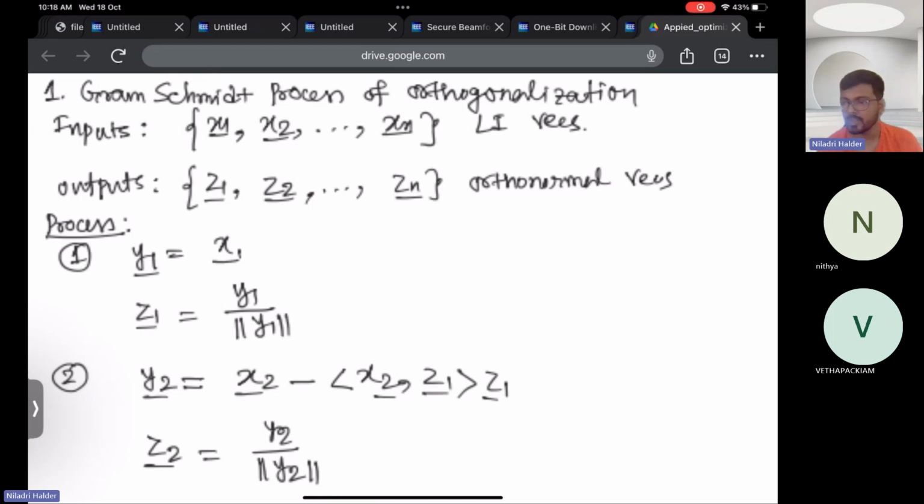If you take the norm of z1, it is norm of y1 divided by norm of y1, which is equal to 1. So one orthogonal vector you have already found from the first step.